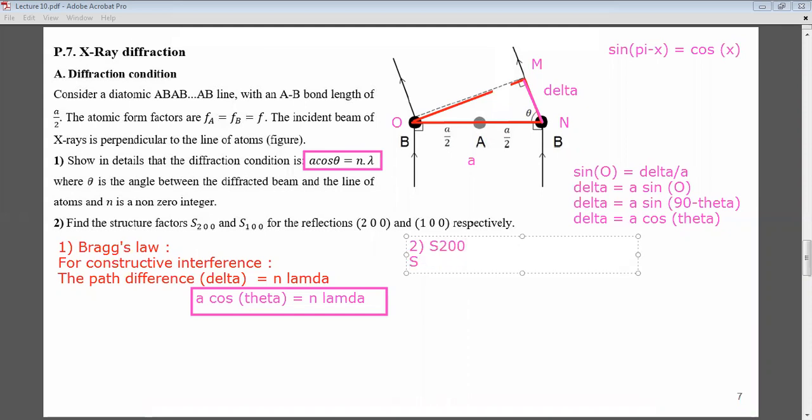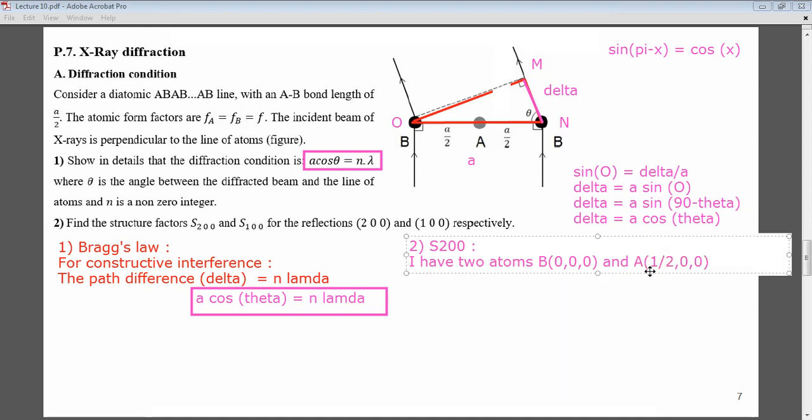Here I have 2 atoms, one at 0, 0, 0, and the other at half, 0, 0. So I have B at 0, 0, 0 on this lattice, and I have A at half, it's displaced by half, 0, 0.